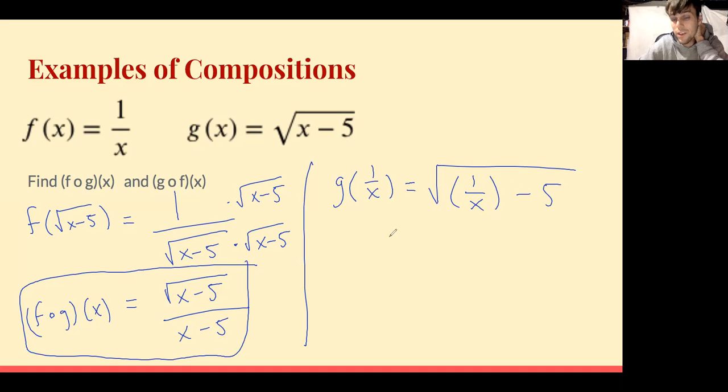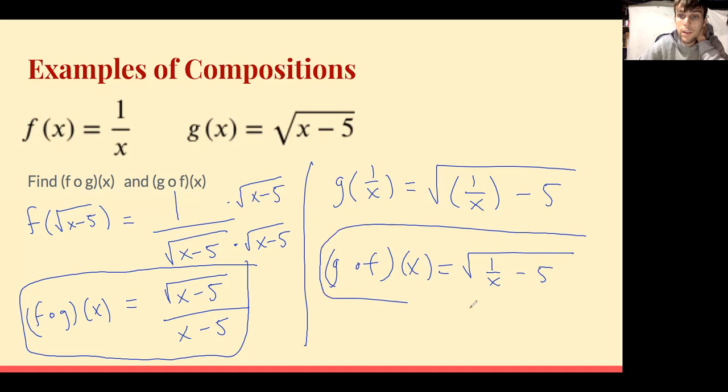There's really nothing to do here. I can actually just leave it exactly like that. So this is g of f of x. It's just going to be the square root of 1 over x minus 5. That's it. Sometimes we can do a lot, like those previous examples. Sometimes we can't do much, like that.